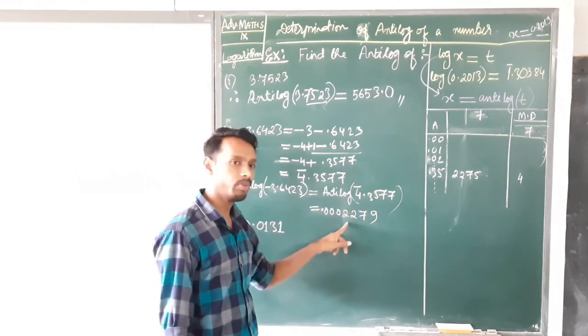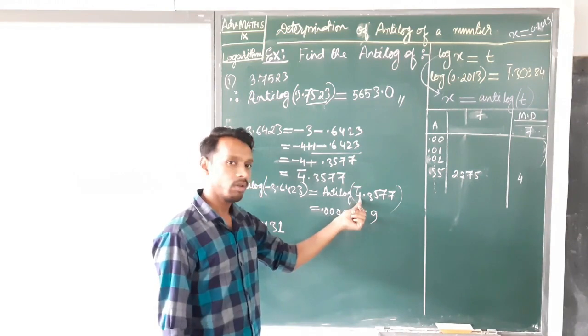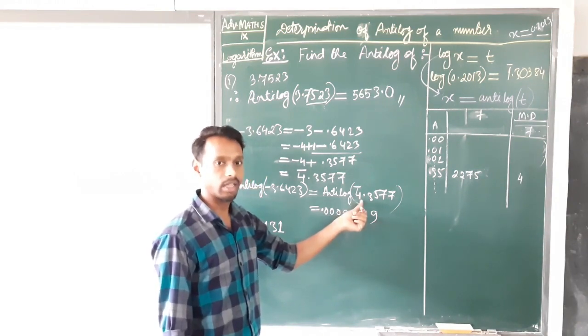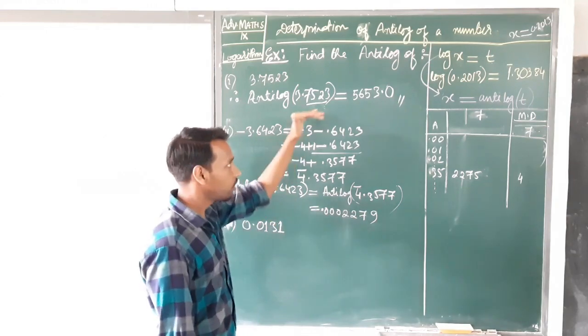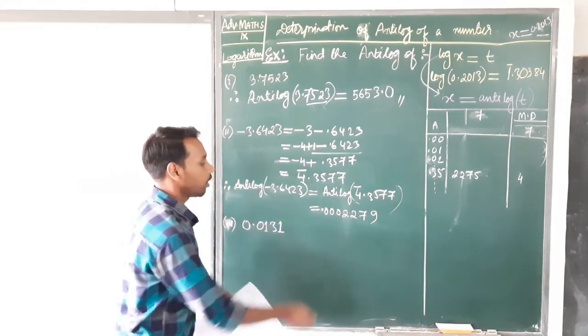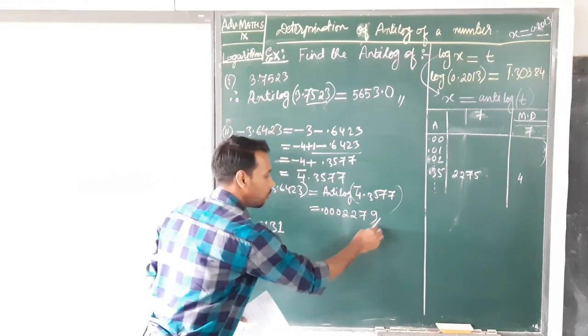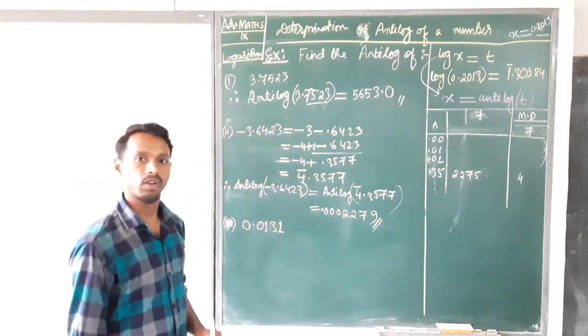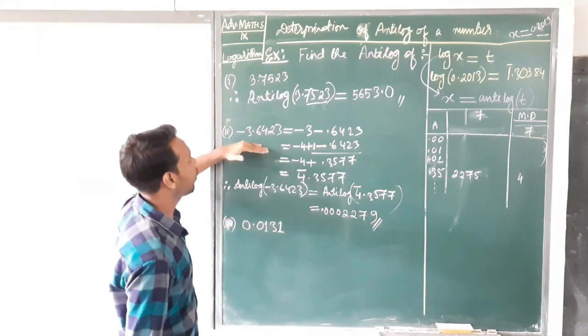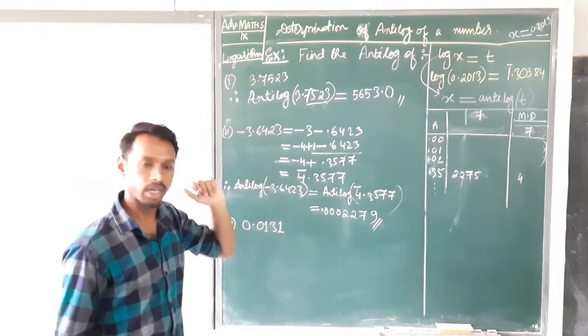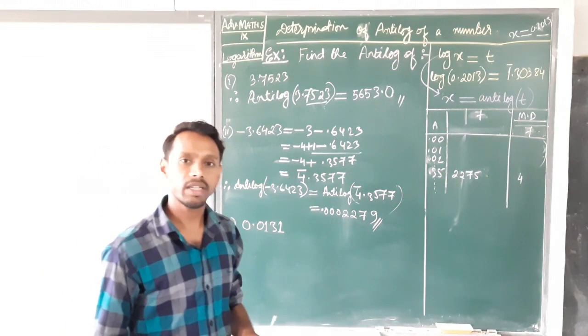If it is 4, we put the number of zeros 1 less than this value. Just check the difference. After we put, that will be our final result. So this is the difference between finding the antilog of this kind of number and this kind of number.